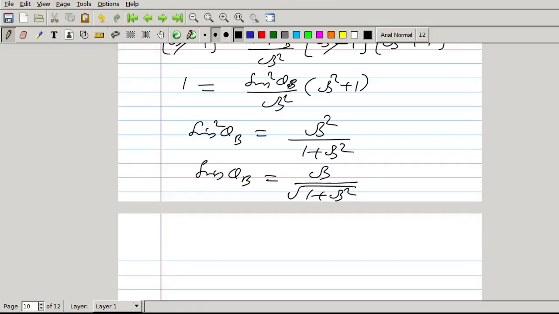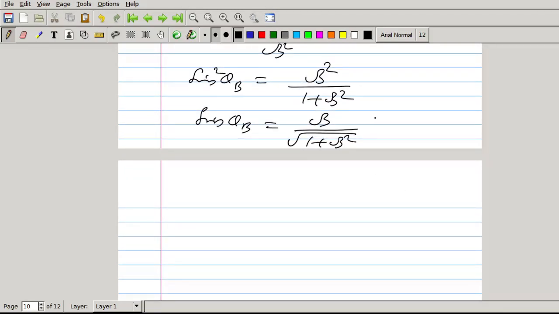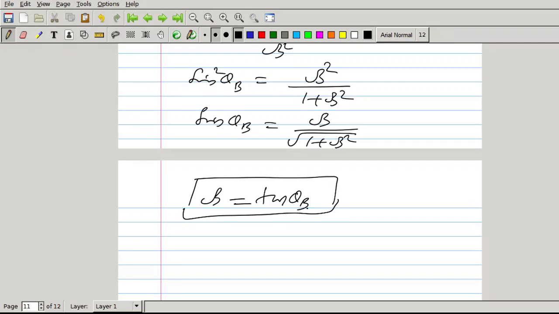If sine theta b equal to beta by root of 1 plus beta square, then we can take beta as tan theta b, because sin theta b equal to tan theta b by root of 1 plus tan square theta b. So we can take beta as tan theta b. What is beta? Beta equal to n2 by n1. So we can write n2 by n1 equal to tan theta b.